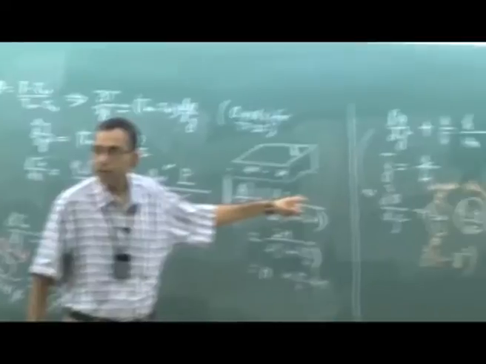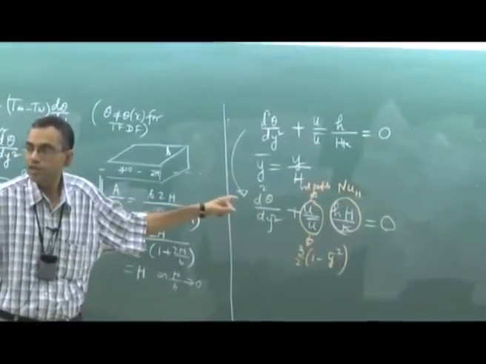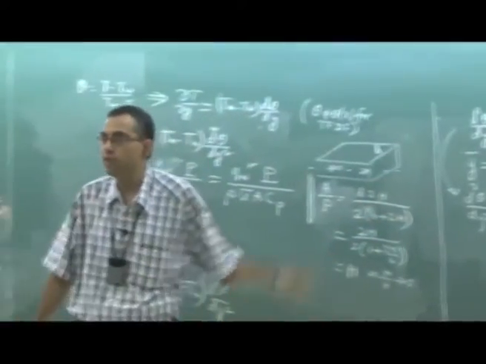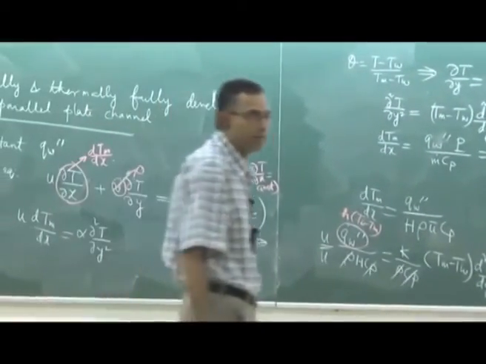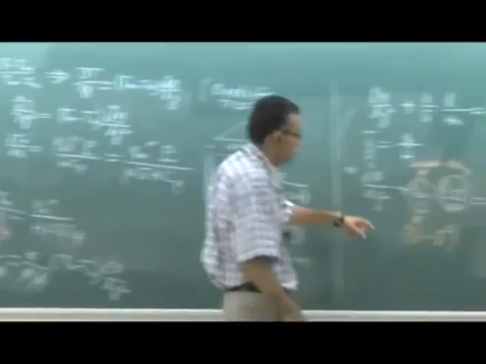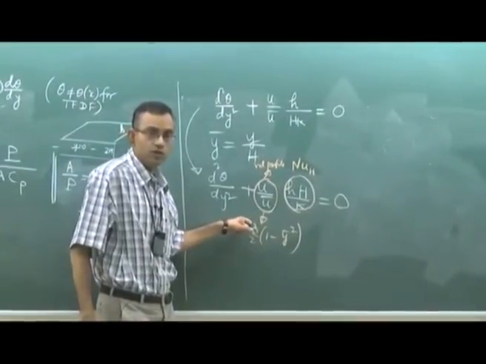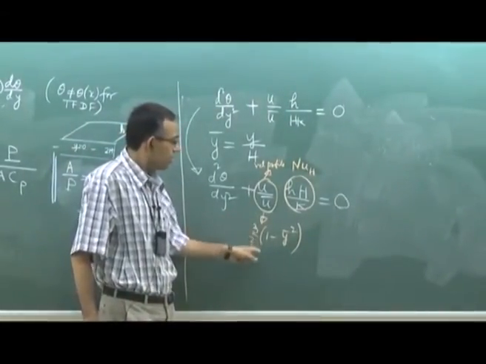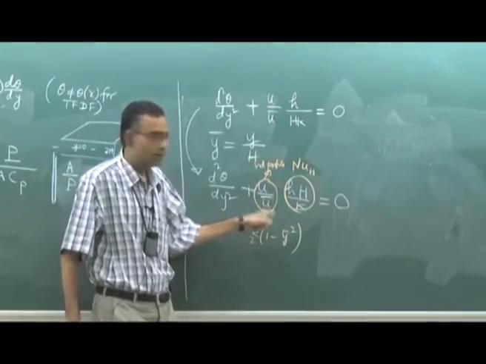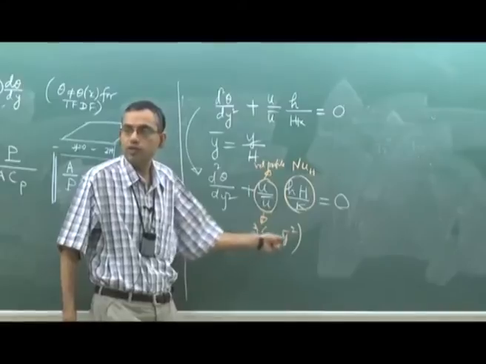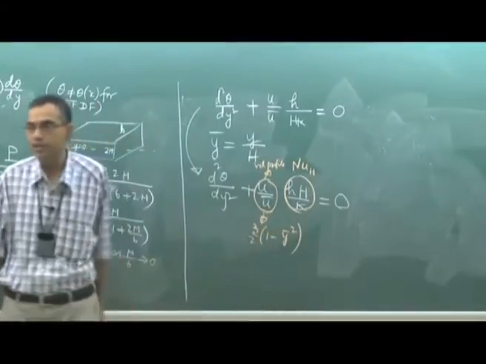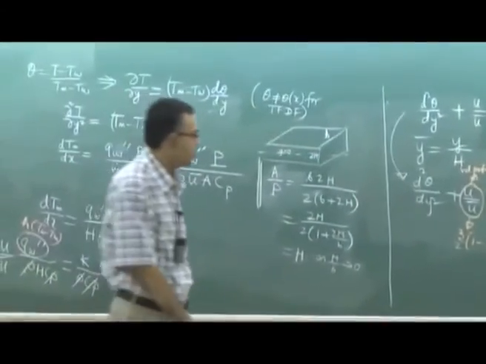This was derived by Professor Shom when he was discussing the exact solutions of Navier-Stokes equation. So you substitute that here. From the fully developed flow Navier-Stokes equation you can derive this, there is no problem associated with it.